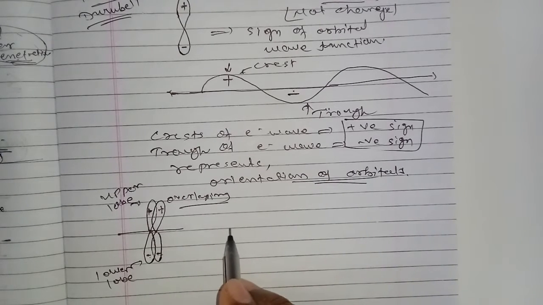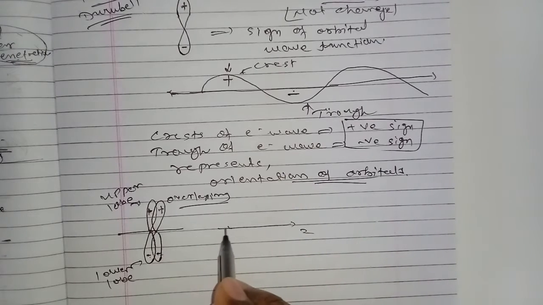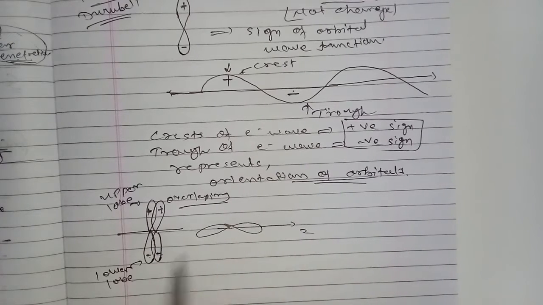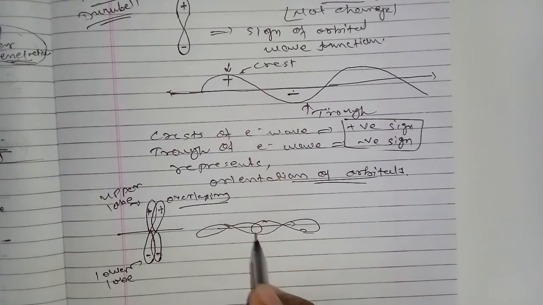Suppose it is in the z direction: this is called end to end overlapping.